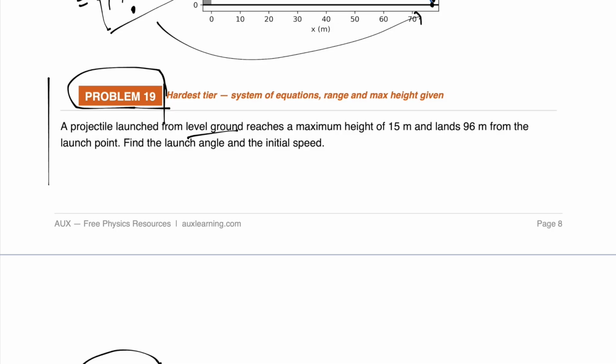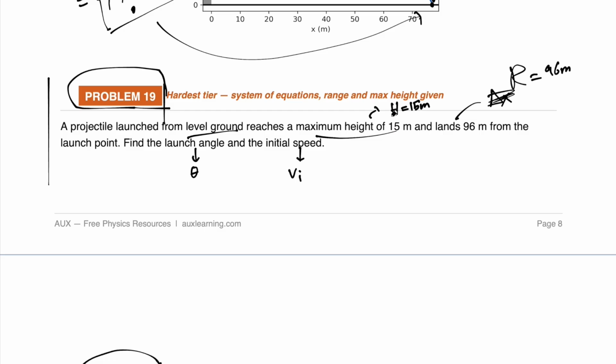Find the launch angle and the initial speed. So we want to find theta and v initial, just the magnitude, because initial speed is just the magnitude of v initial. Maximum height, capital H, is 15 meters, and 96 meters from the launch point, so delta x, or the range, you could say, is 96 meters.